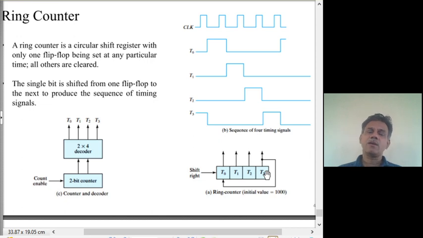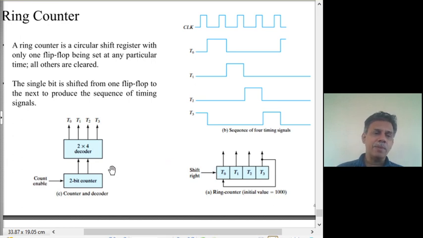Accordingly, at different clock periods, different control signals have to be given out: load onto a bus, move from bus to temporary register, add, output of ALU to a temporary register, affect flags, increment the program counter and so on. So you will have a series of control signals to be enabled at different points. For those things, these timing signals are used. So we saw that a shift register can be used for generating the timing diagram.